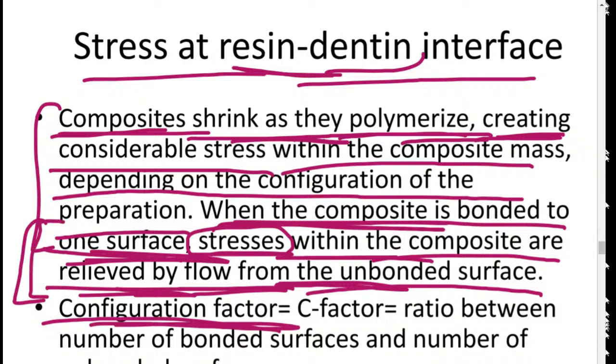And this just means that class 4 is easier to apply than class 1, or it will be more resistant, and the shrinkage of the material will cause less damage than in class 1, because in class 1 we have 5 surfaces that must shrink, connecting to walls.